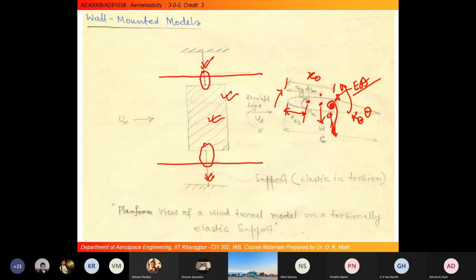After the flow has started, we measure whatever additional rotational angle there is, subtract the alpha r, and calculate theta.